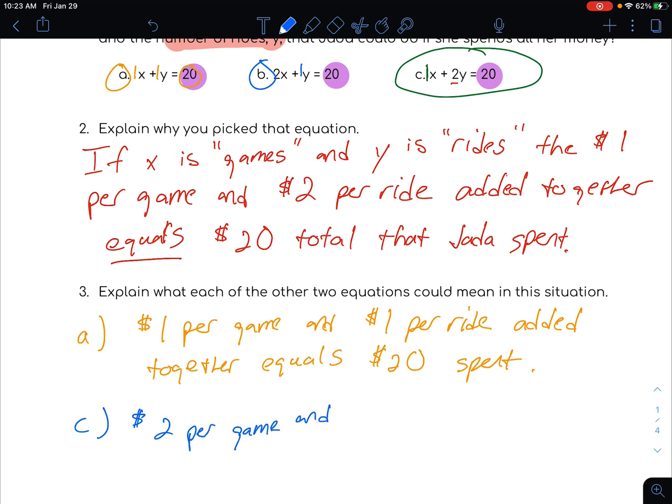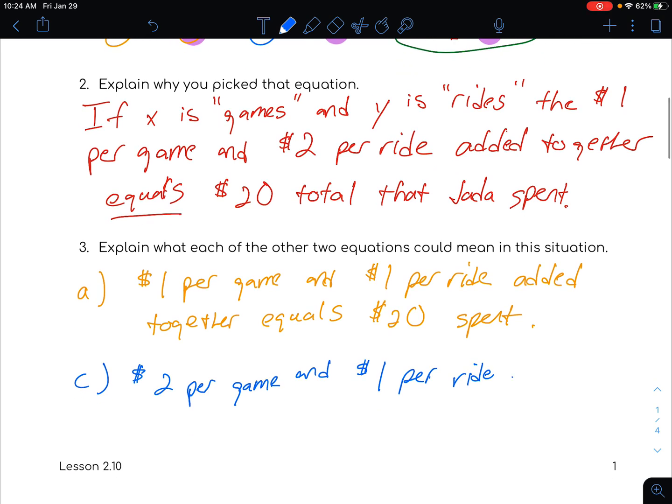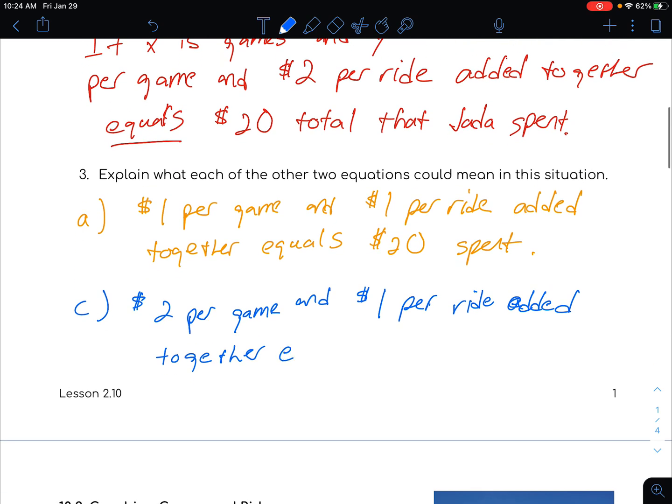And there's still that 1 in front of the y, and $1 per ride. Added together equals $20 spent.